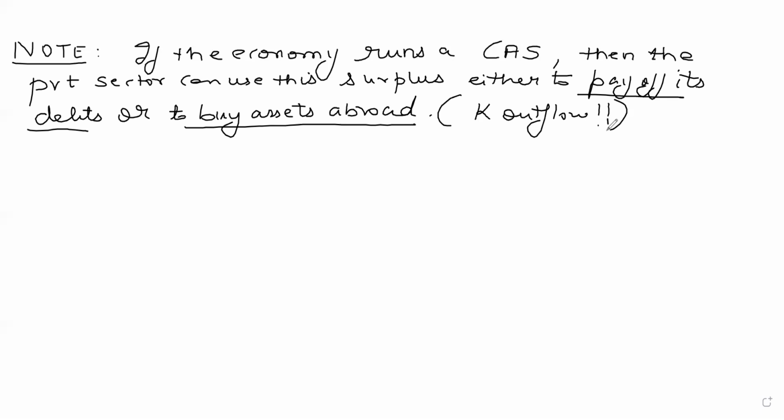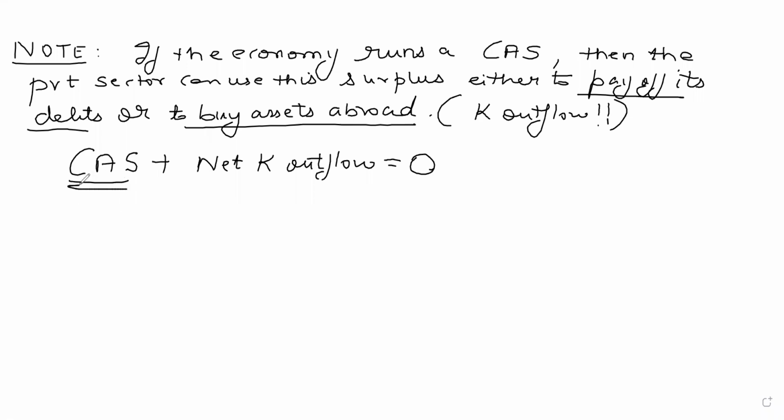So I can say that current account surplus plus net capital outflow should be exactly equal to 0. That means if there is a current account surplus, it will be exactly balanced by the net capital outflow so that the balance of payments is in equilibrium.